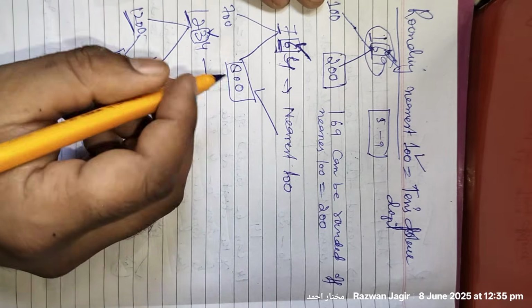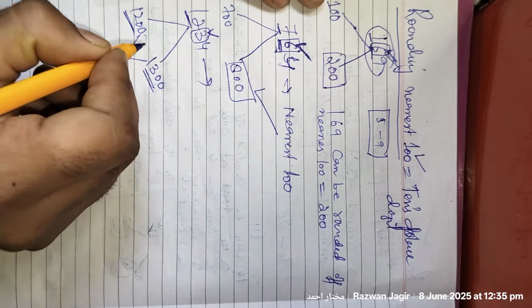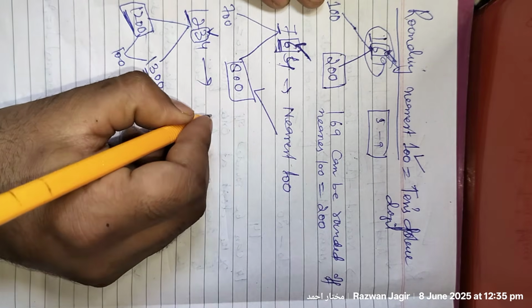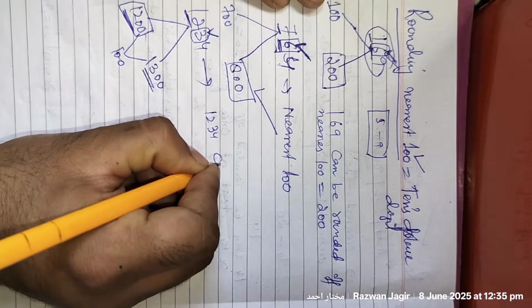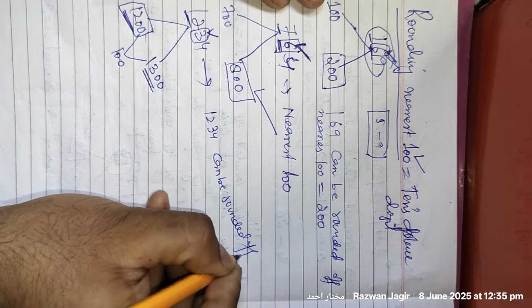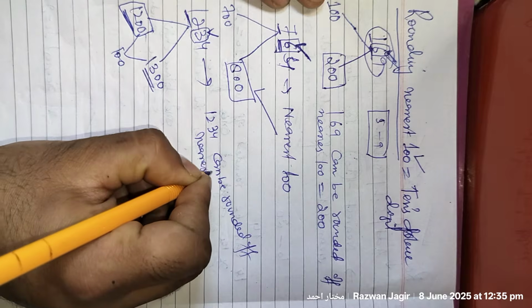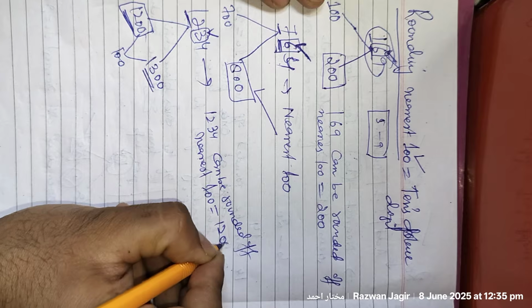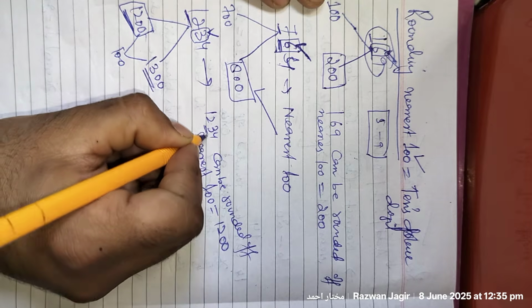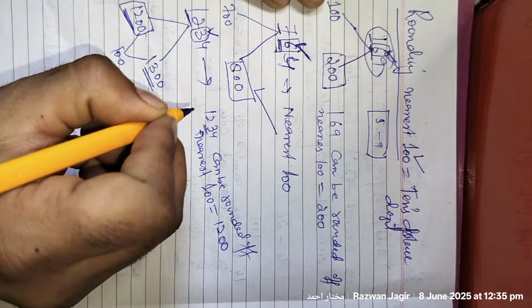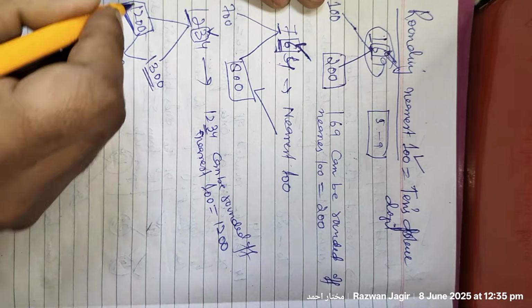So at the time of 3, the rounding goes to the lower limit. What is the lower limit? That is just 1200. So we can simply say that 1234 can be rounded off nearest to 100. The result will be 1200, because at the tens place the digit is 3, so the rounding goes to the lower limit.